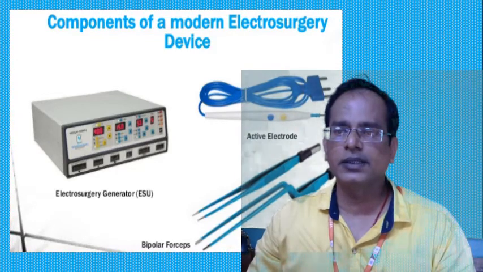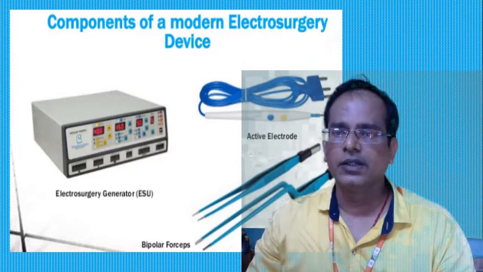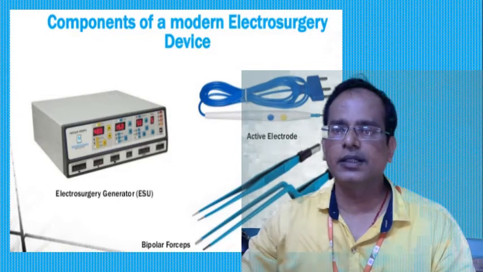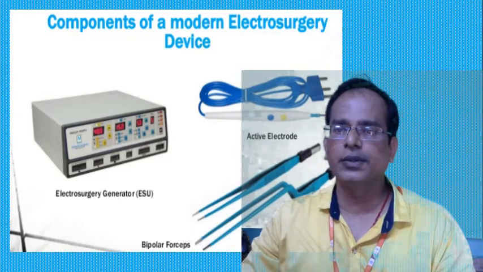Electrosurgery is the application of high frequency, that is radio frequency, alternating electrical current in order to cut biological tissues through thermal destruction of tissue by the dehydration method. Dehydration produces coagulation, and another method it produces is vaporization.